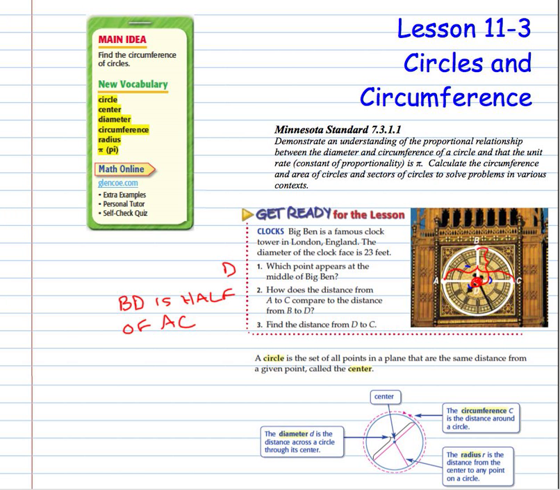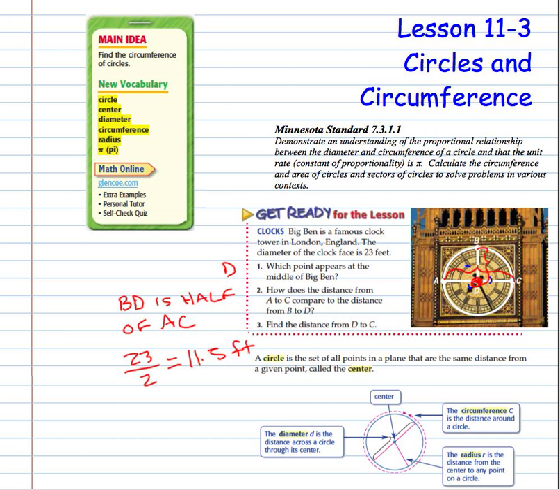So if that's true, if the distance from A to C, which is that diameter, is 23 feet, I would simply divide that by 2, and then D to C would be 11.5 feet.